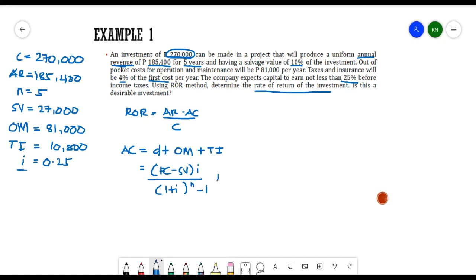So that is added by our OM again plus our TI.